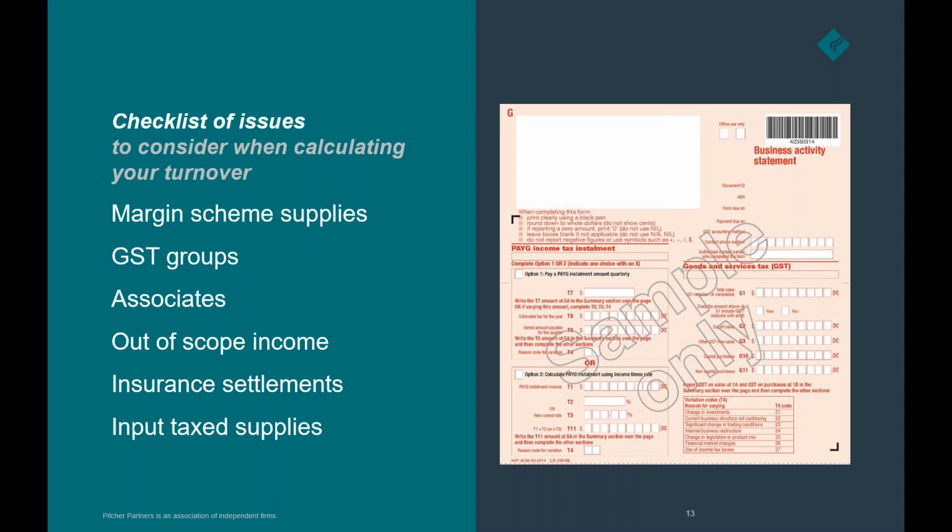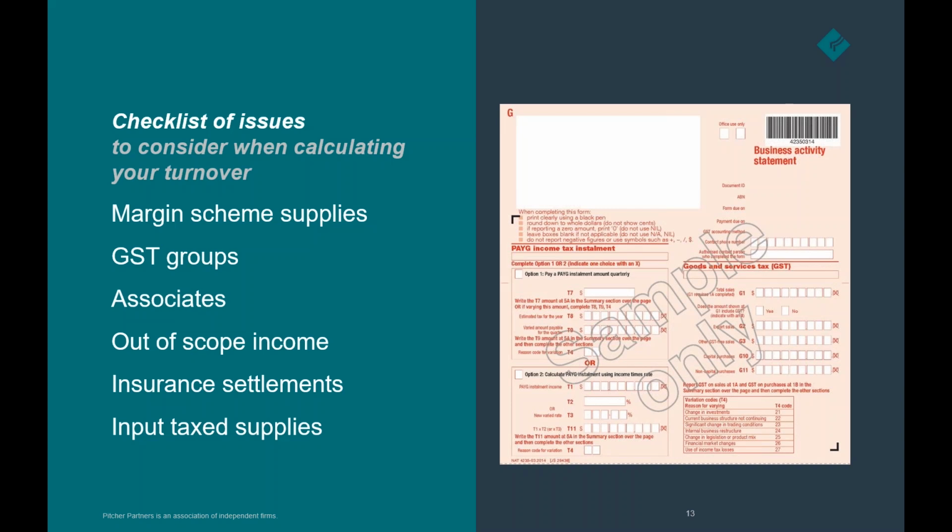So for any of the residential property developers online today, if you have been preparing your business activity statement correctly, the ATO requires you to include at G1 the margin in respect of the relevant supply of residential property. So only the margin that arises under the margin scheme is the amount that should be reported at label G1 of the BAS for supplies of apartments and other new residential premises.